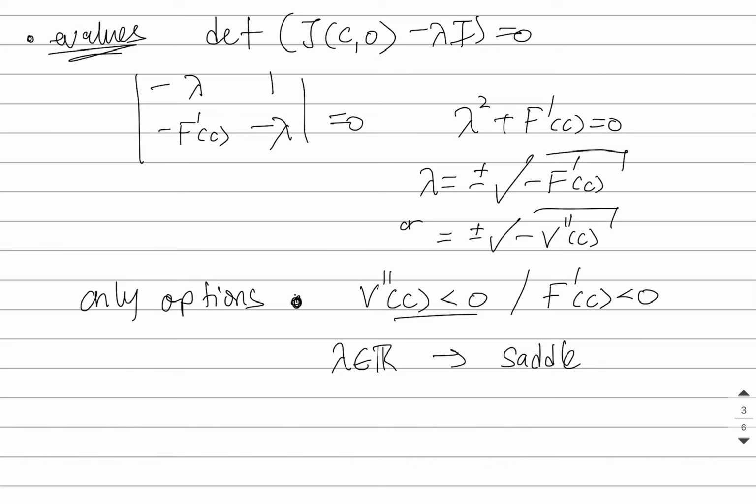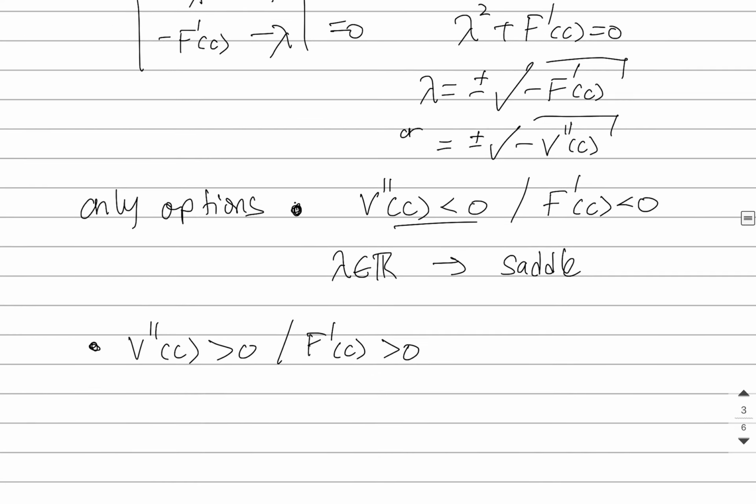The other option is when V double prime of c is positive, or f prime of c positive. And in that case, we will get these eigenvalues plus or minus i beta. What we're going to get is a center. Now up here, remember, we'd have lambda plus or minus some beta.